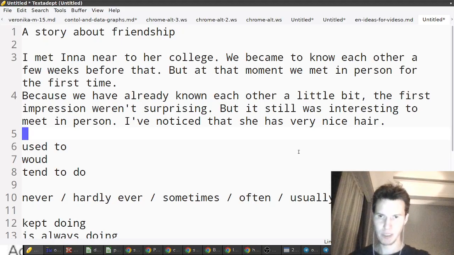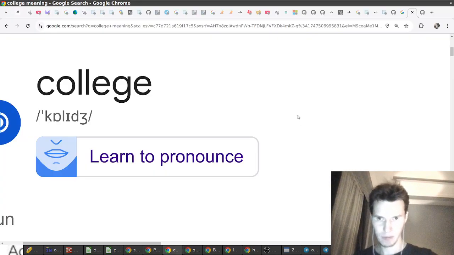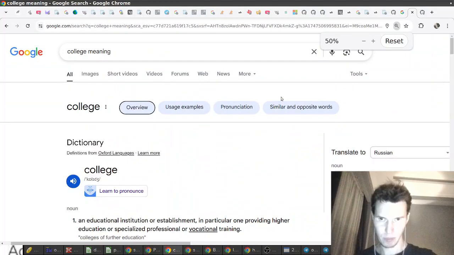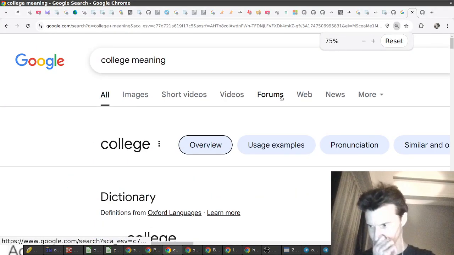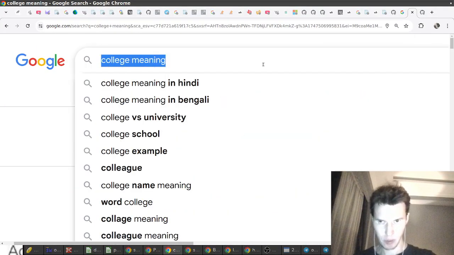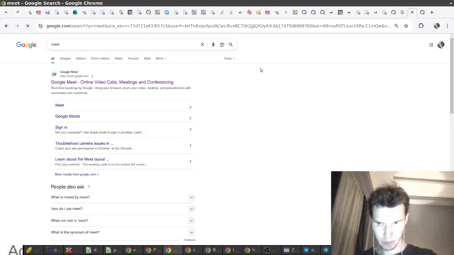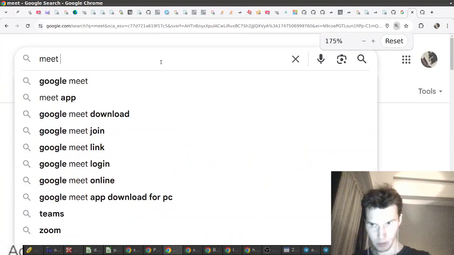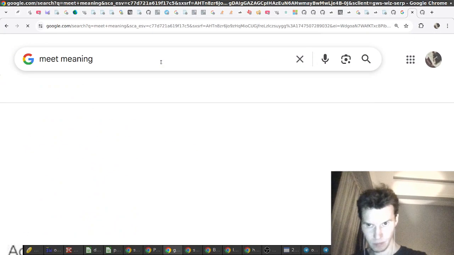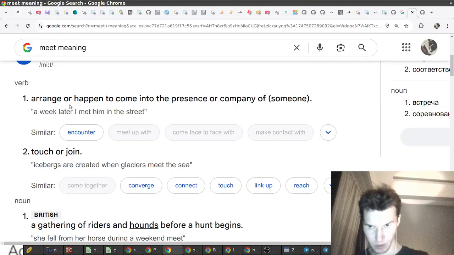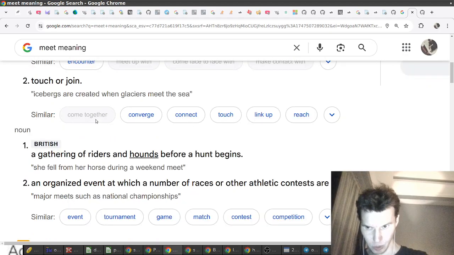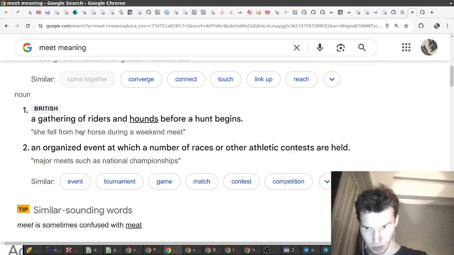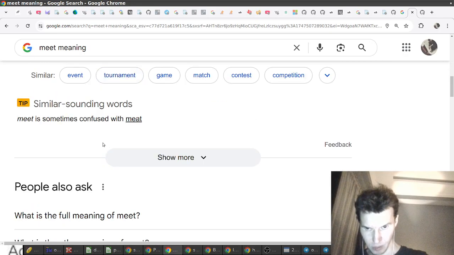Maybe I can use "met" for online, when you start chatting with a person. Meet, meaning to come into the presence of, touch or join, gather, organize.